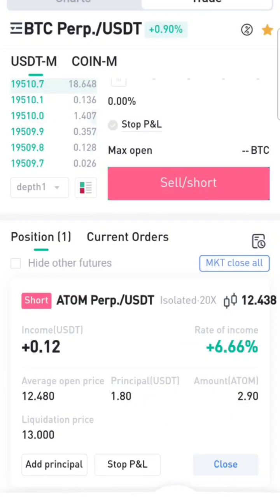So now you can see that I am opening this position with 1.8 USD. I can leave this trade to run for years to even get more profit. This is very, very important, guys, and it is helpful. You cut your profit, you still leave your trade to run.